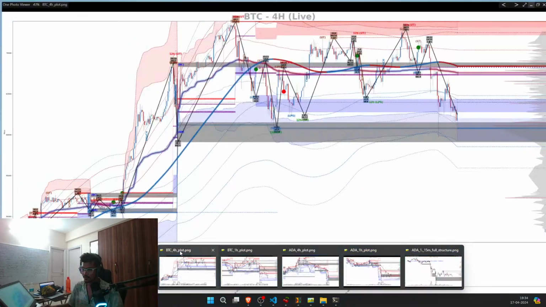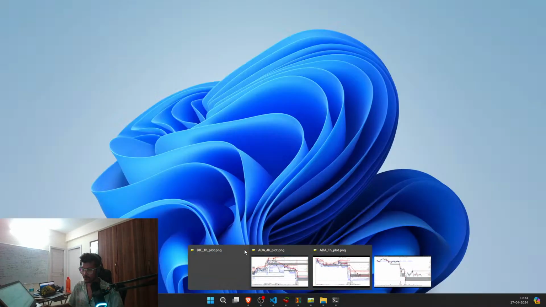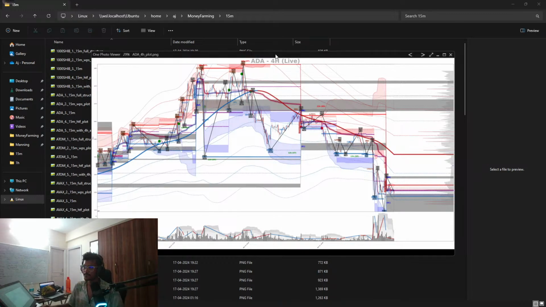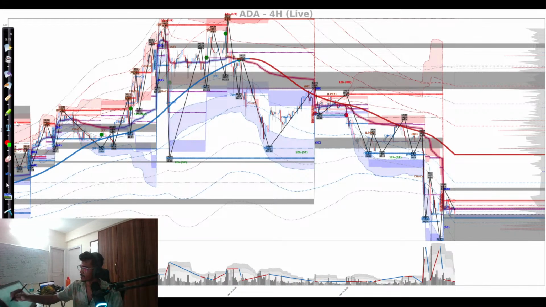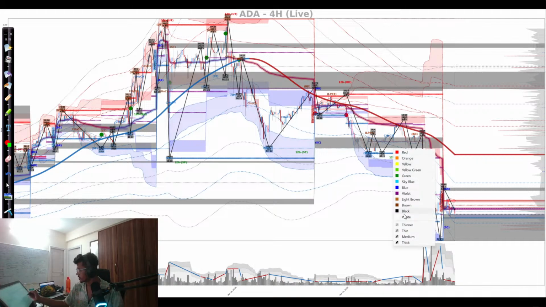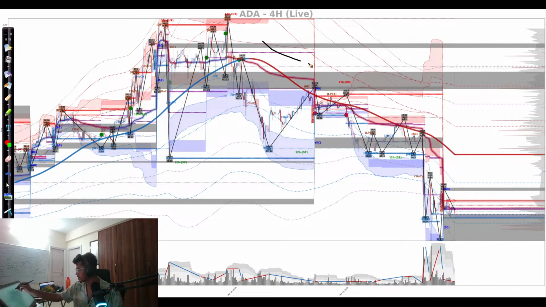So what is going on in ADA? Here what we see is that the market was on a downtrend.